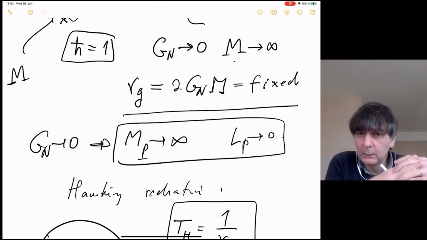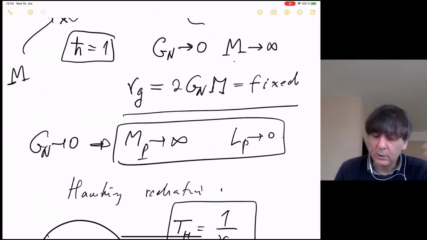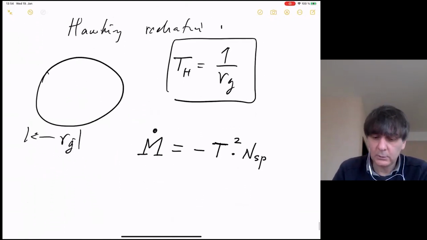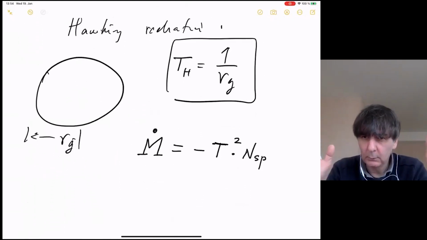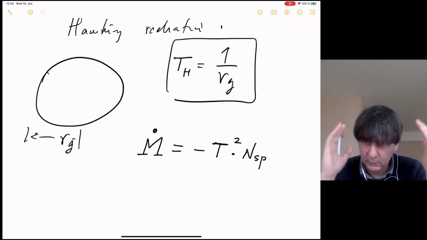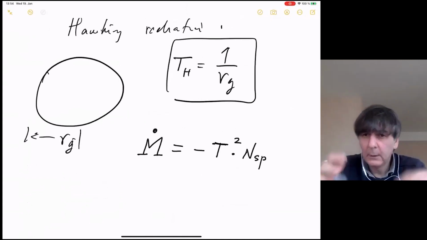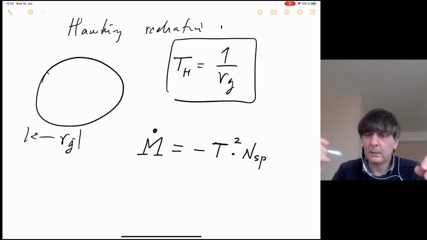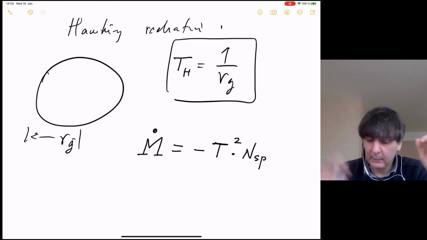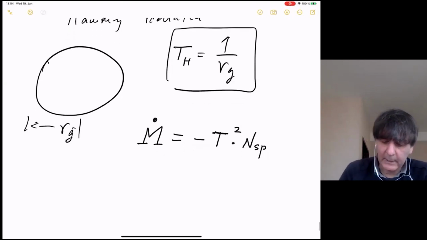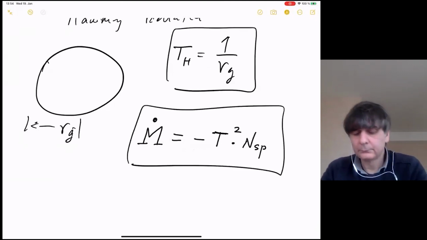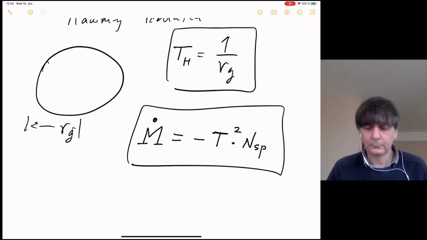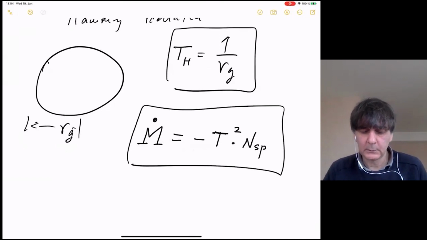So the lifetime of a black hole is infinite, and back reaction is 0. Correspondingly, the black hole radius in this limit doesn't change. The black hole radius is fixed, the mass is infinite, and it produces particles with unlimited time at a fixed rate. So this is like a Stefan-Boltzmann law for evaporation of a black hole.